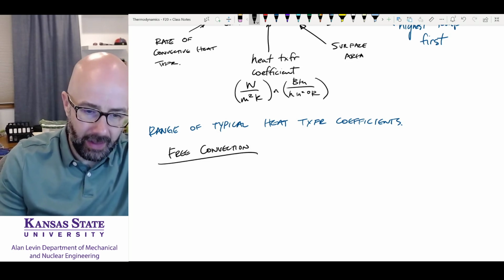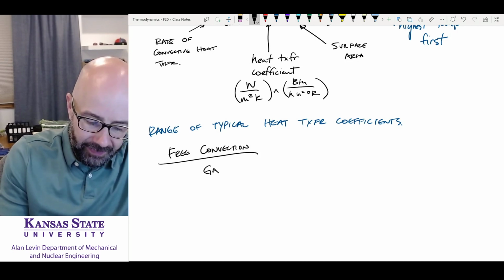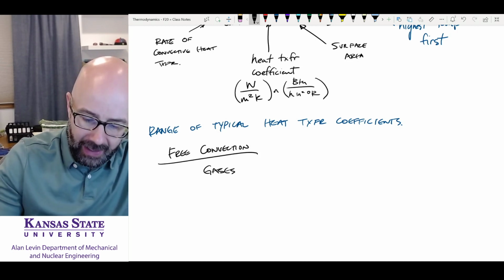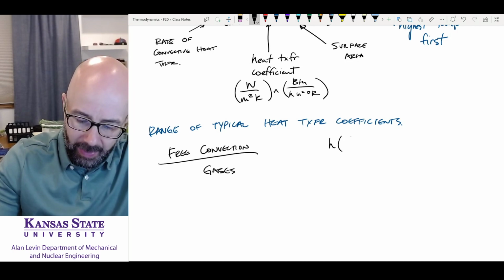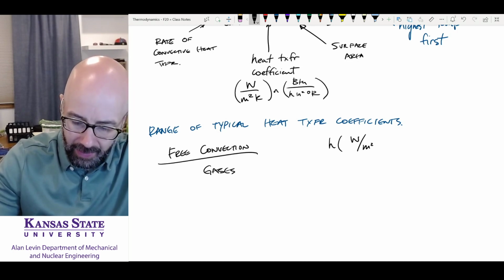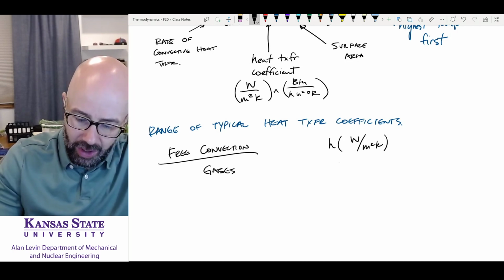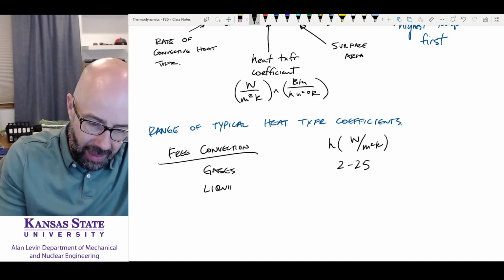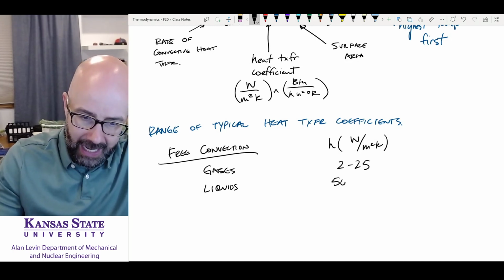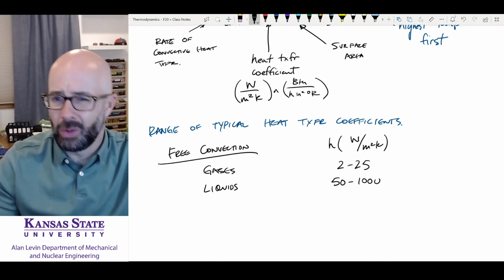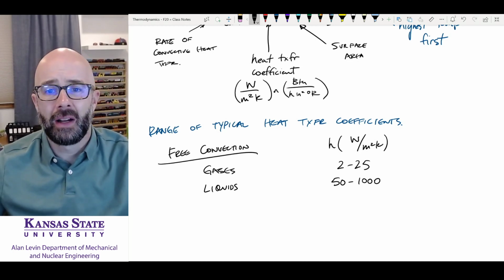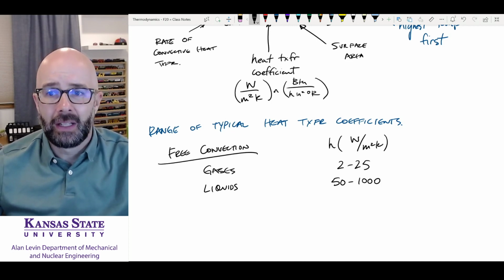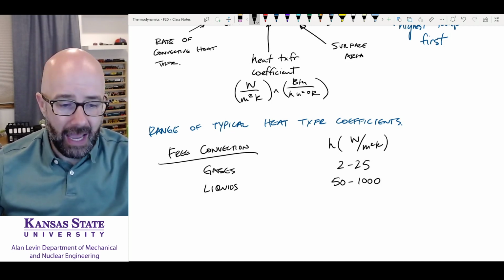In gases, if your h value, we'll put it in watts per meter squared Kelvin, you're going to go between 2 and 25, and for liquids, you're going to have between 50 and 1,000. So of course you're going to have much better heat transfer with liquids than you are with gases.